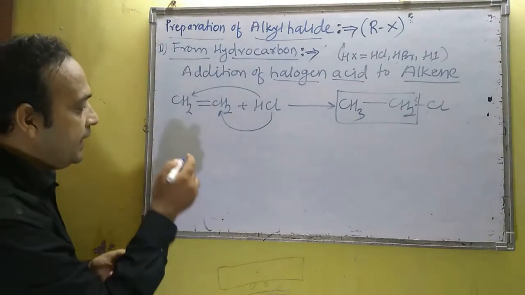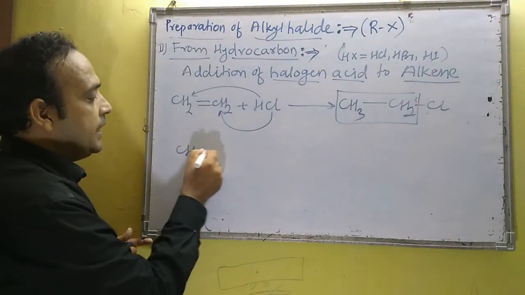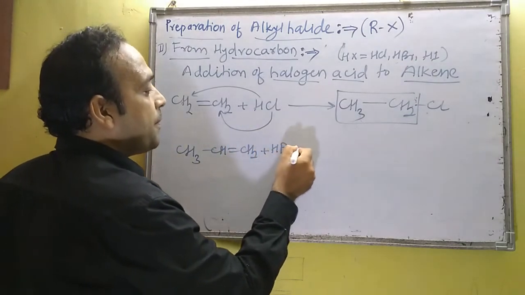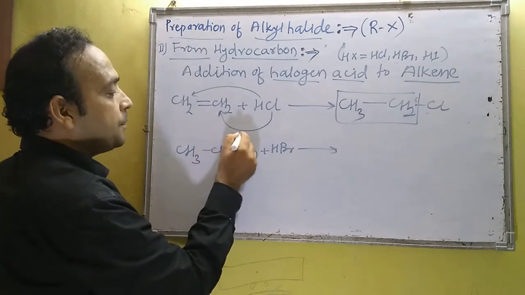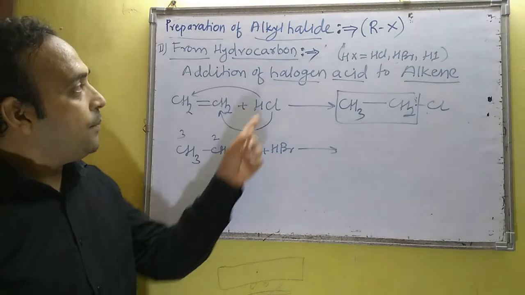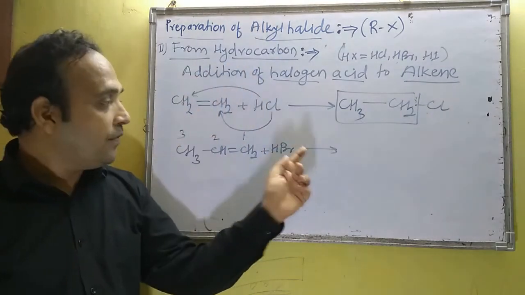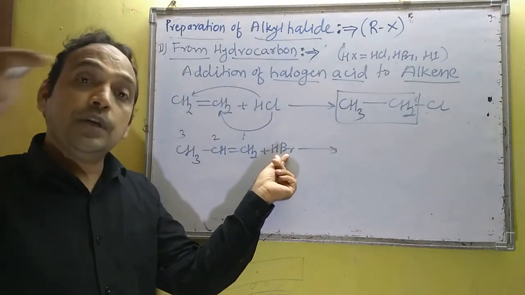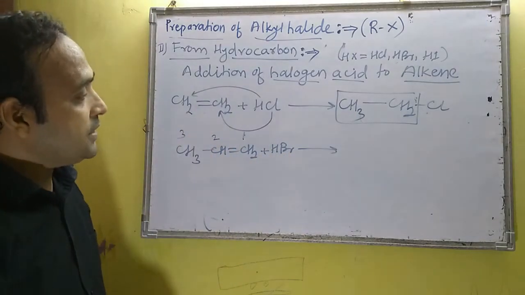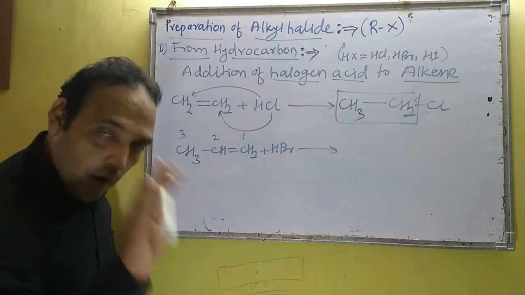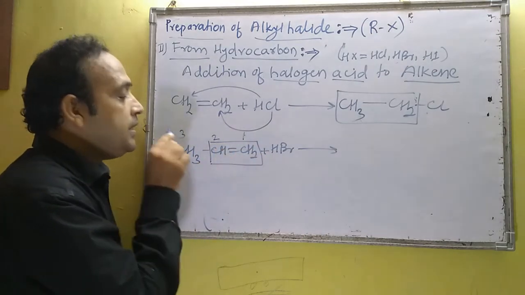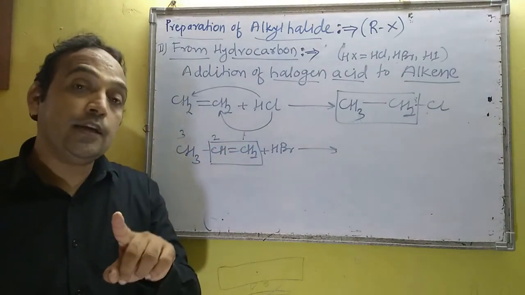Now instead of ethene, suppose the example is CH3 CH double bond CH2 plus HBr. Carbon number 1, carbon number 2, carbon number 3. It is also an example of hydrohalogenation, that is addition of hydrogen halide across a carbon-carbon double bond. While adding HBr to prop-1-ene, I have to remember one thing: is the given alkene symmetrical or unsymmetrical?